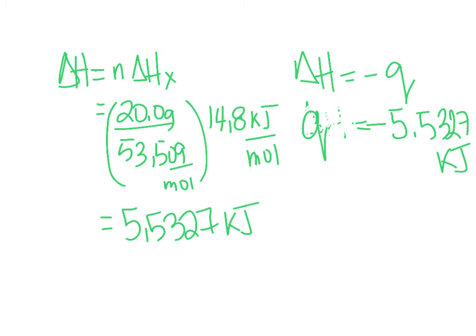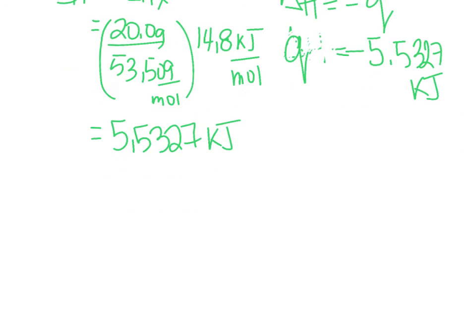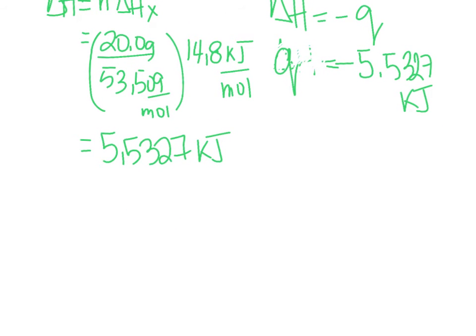So we found delta H. Delta H is equal to negative Q, so Q is equal to negative 5.5327 kilojoules. Now, going to plug that in. Q is equal to mC delta T. It's water.